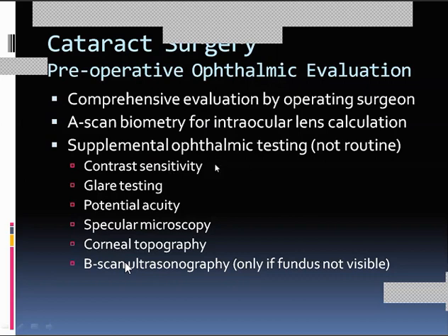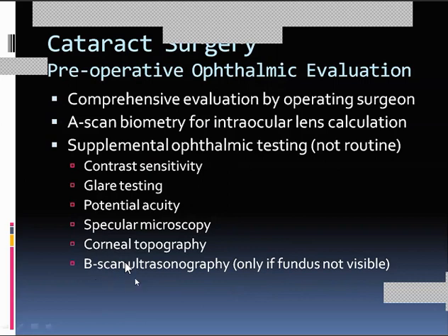In bigger hospitals, like the Aravind hospitals and others, we can do contrast sensitivity and glare sensitivity tests. But B-scan ultrasonography is nowadays mandatory, especially in the case of mature senile cataract, because we cannot see the condition of the retina inside and the optic nerve.